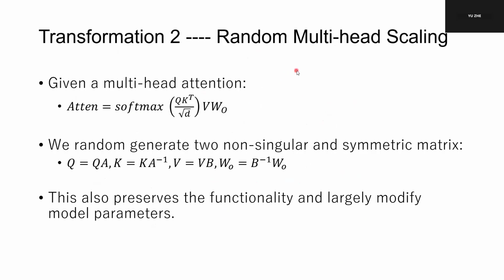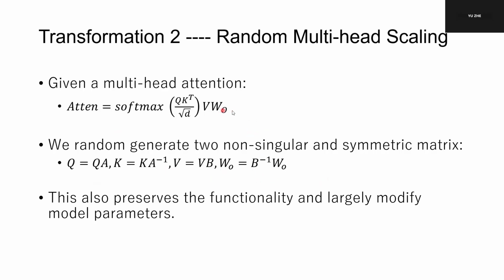A second transformation is called random multi-head scaling. Given a multi-head attention module defined here, which is a well-known definition, we can randomly generate two non-singular and symmetric matrices A and B, and then we can modify the parameters of W_Q, W_K, W_V, and W_O. And we can find that with such transformations, the output, the functionality of this whole attention module, does not change.